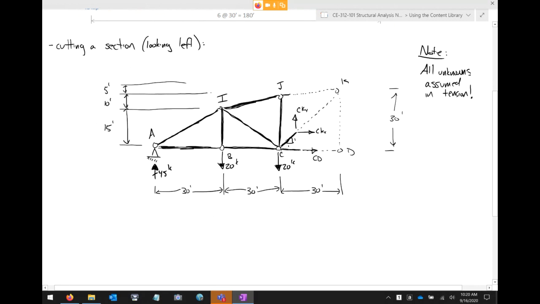And then this member here, we'll call this JKX and JKY. Okay. And then this member is actually at a 1 to 6, or 6 to 1, because it's 30 foot over and it's 5 foot up. So yeah. Okay, I'm going to give everybody a sec to catch up on that, and then we'll talk strategy.